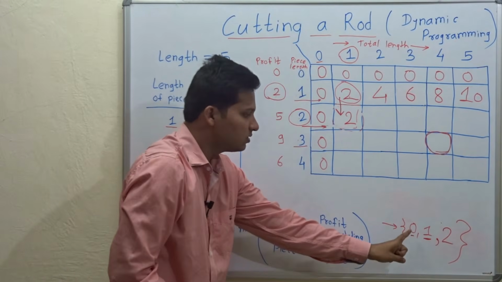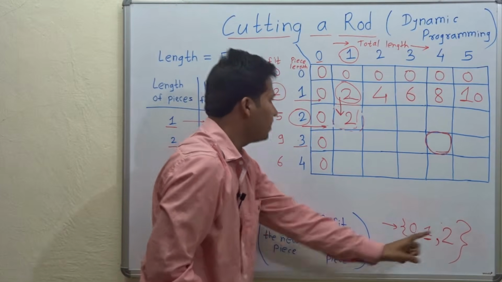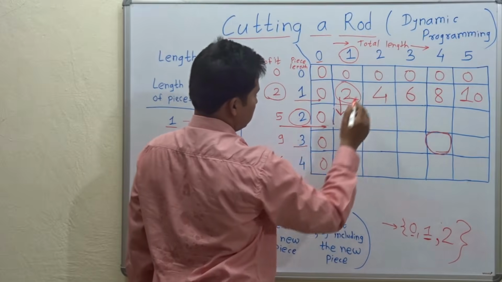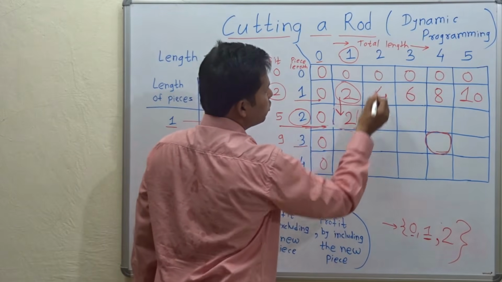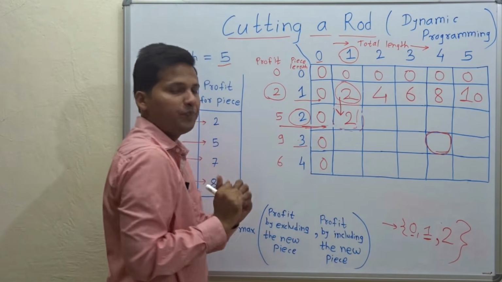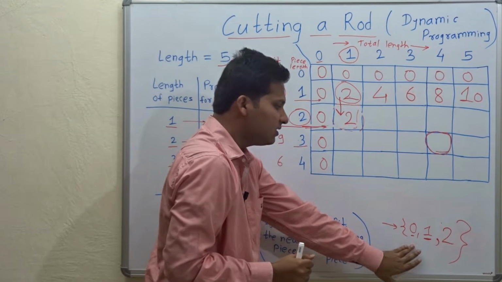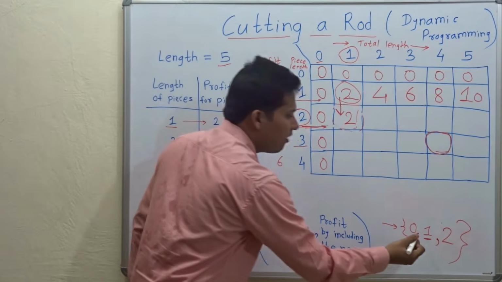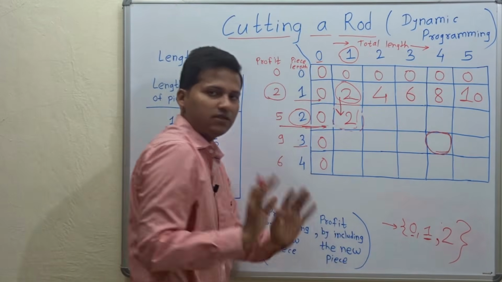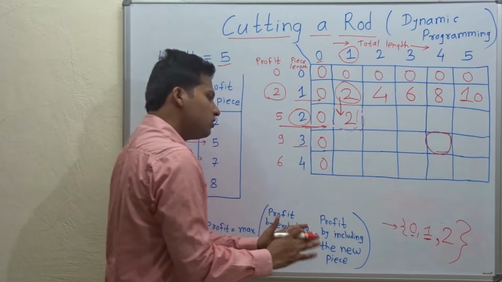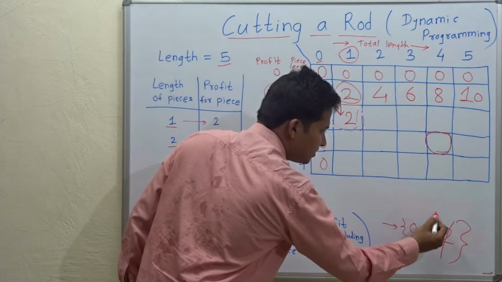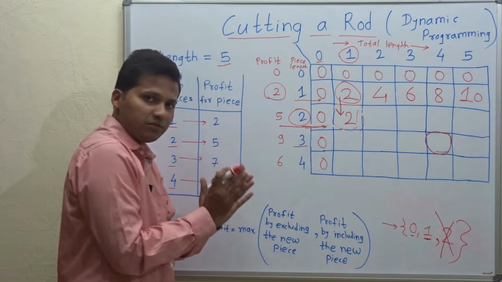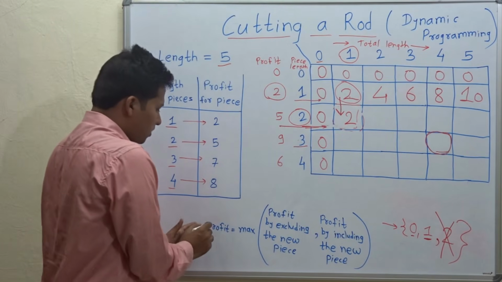The allowed pieces are 0, 1, 2 to make a total length of 2. So as these are the allowed lengths, it is not compulsory that you have to use all these lengths. Okay, you can also not use this new length. So that's what I am saying here.